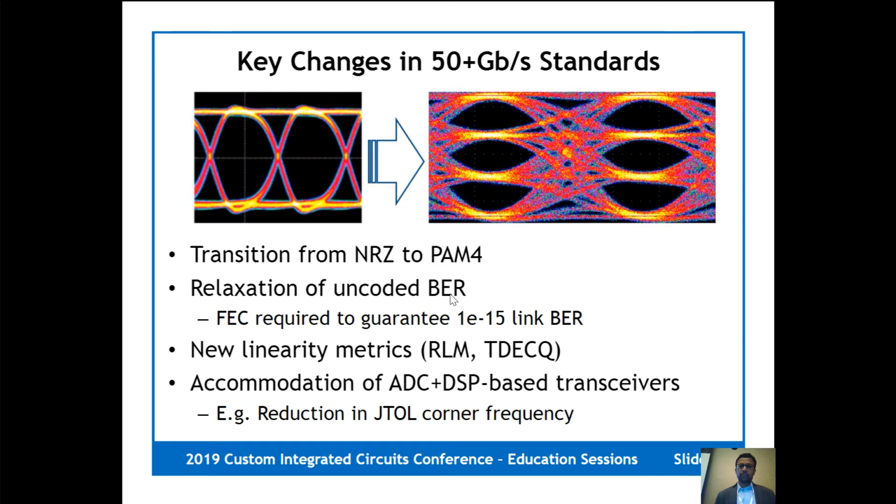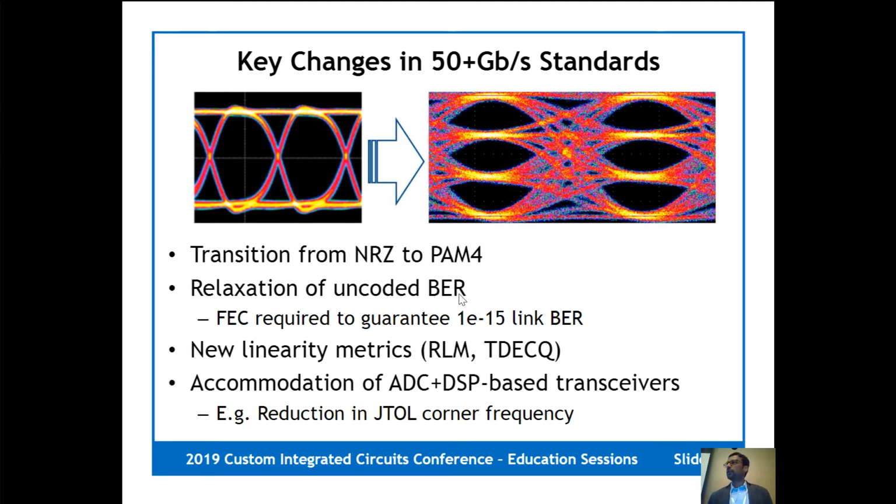Although the standards don't dictate what type of FEC needs to be used, there's an implicit assumption that FEC will be used to improve the bit error rate from 1e minus 4 or so to 1e minus 15. So that FEC overhead needs to be budgeted for upfront.